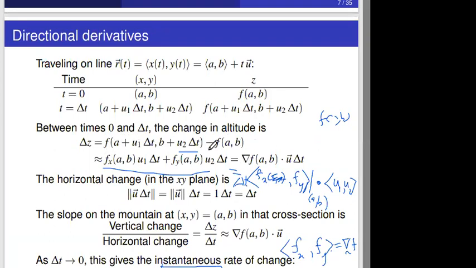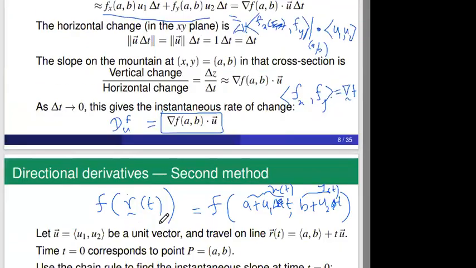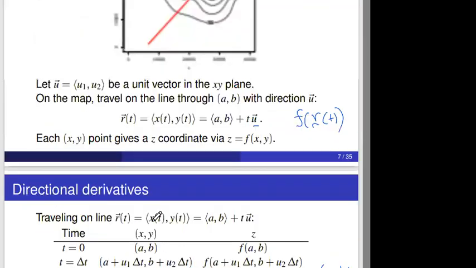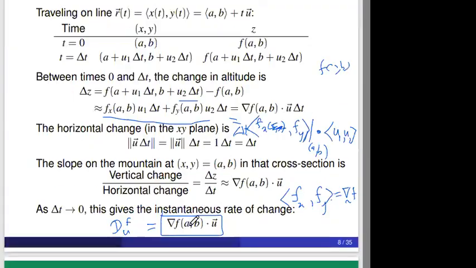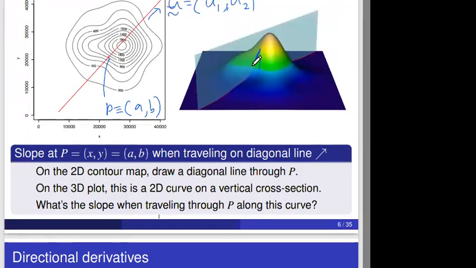Don't worry, I don't ask for proofs of these kinds of things. But you have to understand how to find the gradient. This is the gradient at this point P.